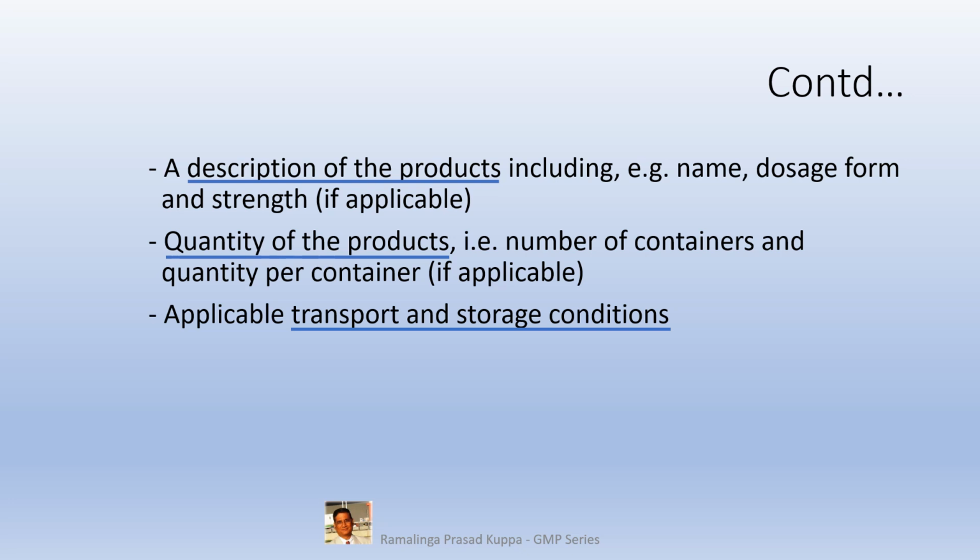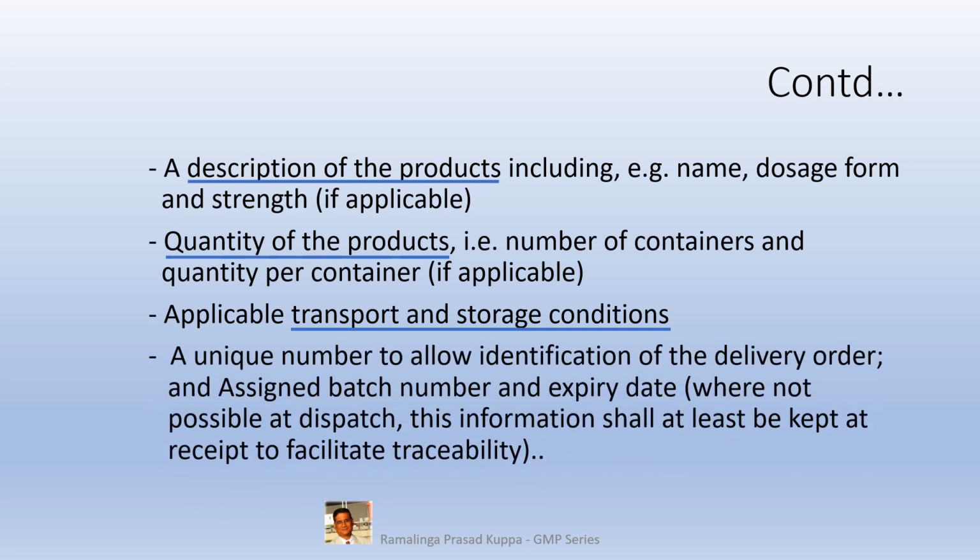These conditions are similar to the prescription of 21 CFR Part 211.196. A unique number to allow identification of the delivery order and assigned batch number and expiry date. Where not possible at dispatch, this information shall at least be kept at receipt to facilitate traceability.